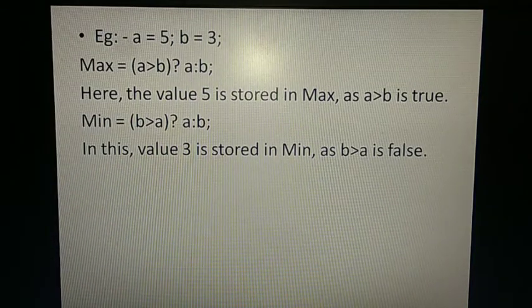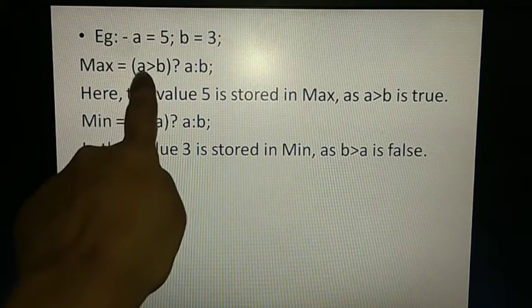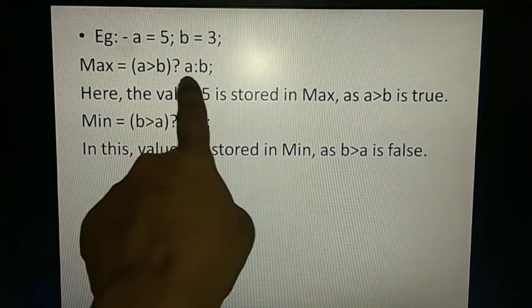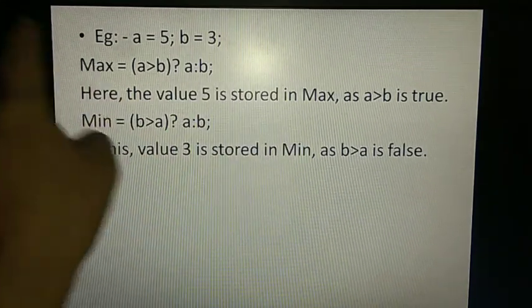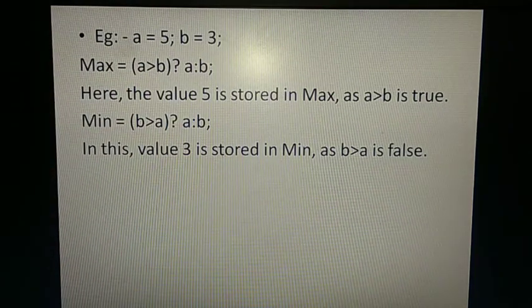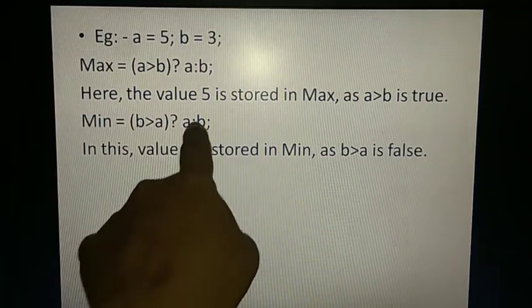Here the value 5 is stored in max, because you are checking the test expression a greater than b, 5 greater than 3. Expression 1, that is a, is stored into max, as the expression is true.